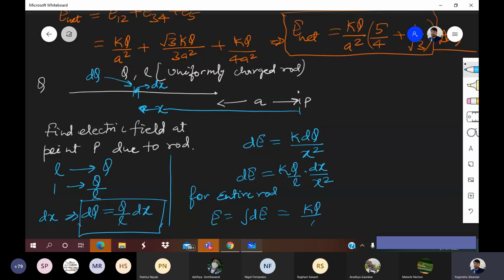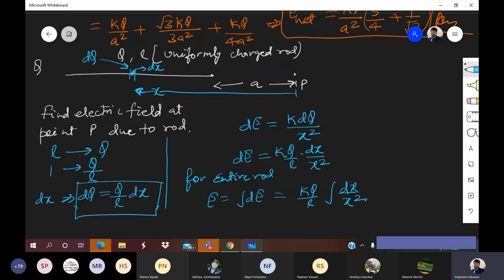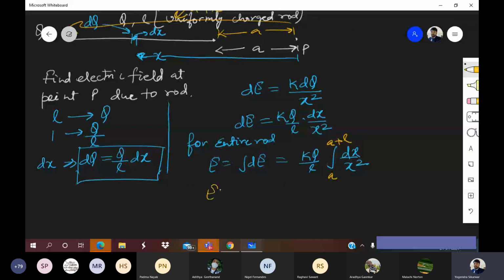Pay attention, the limit will be from this point which is at distance a, to this which is a plus L. So the limit will be from a to a plus L. So E will be kQ upon L and that will be minus 1 upon x, and the limit is from a to a plus L.